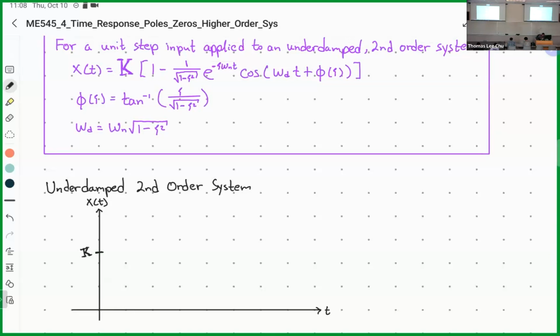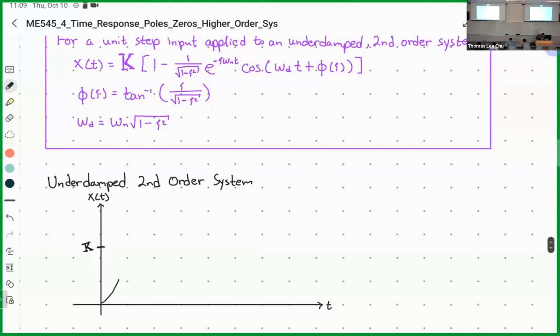The reason it's K is because as time goes to infinity, this exponential decay term gets rid of the oscillations, and it settles at K when you take the limit as time goes to infinity. So the system responds like this, where you hit this peak, and it's going to oscillate and decay, kind of like that.